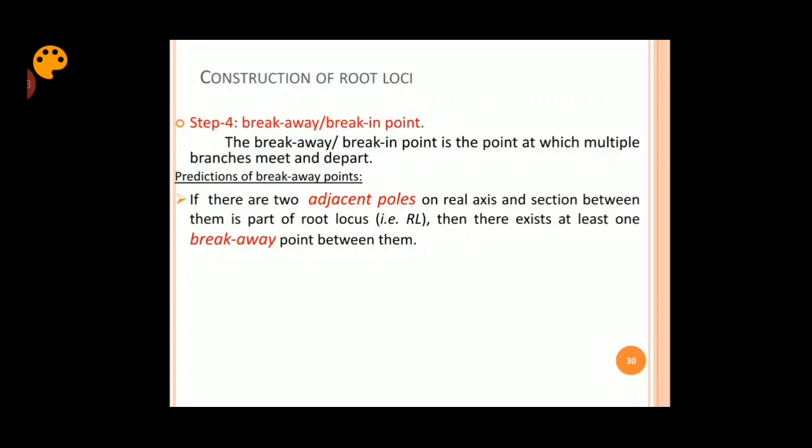So suppose on RL I have two adjacent poles, and the section in between is RL. Then there is every chance that there will be at least one breakaway point in between them. Anywhere in this section there can be a breakaway point. So that is one prediction which you can make.